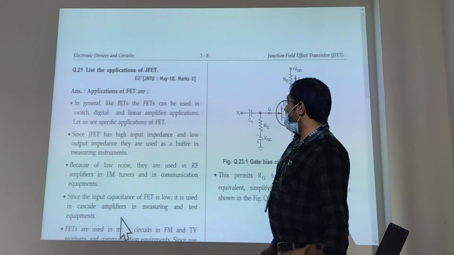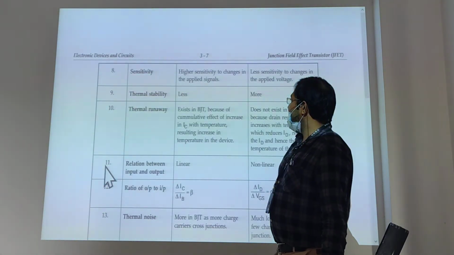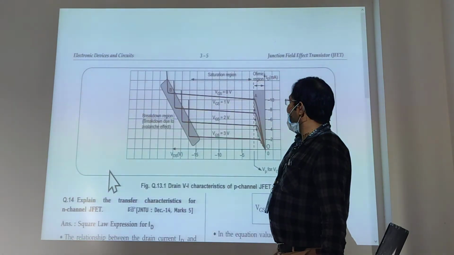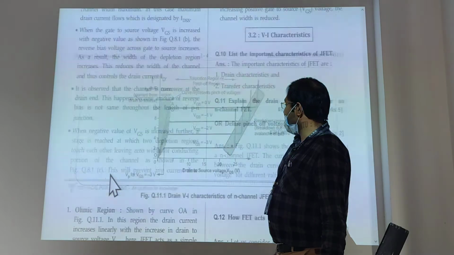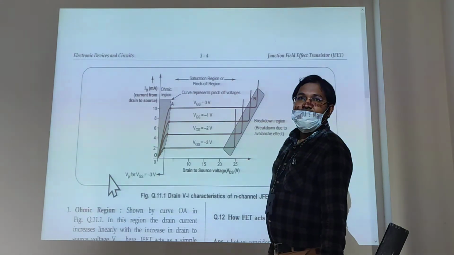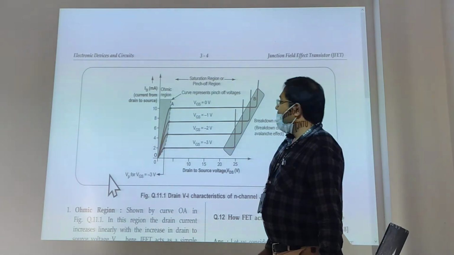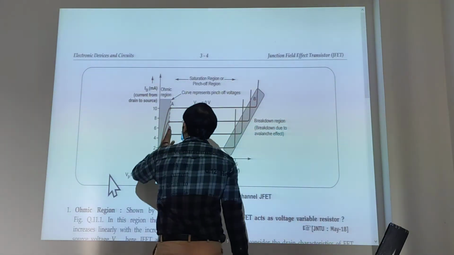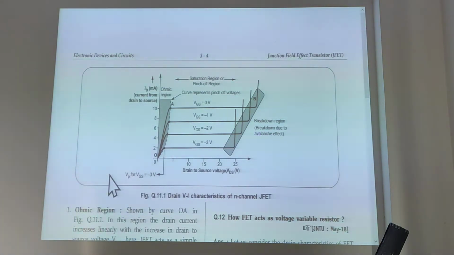Right? So what we will do is quickly see the characteristics of the FET in ohmic region. This is the ohmic region. So in ohmic region, we can replace the FET by what? Just now I asked you the question.